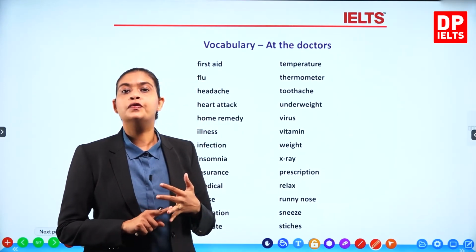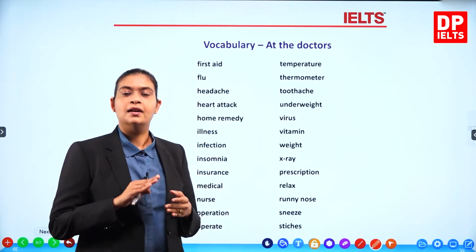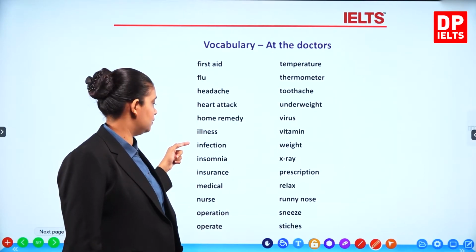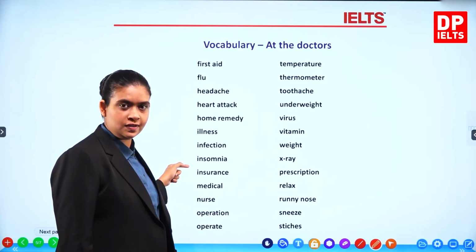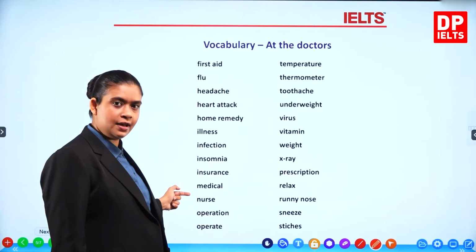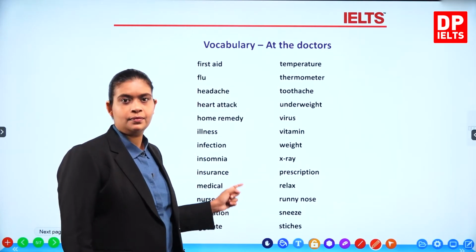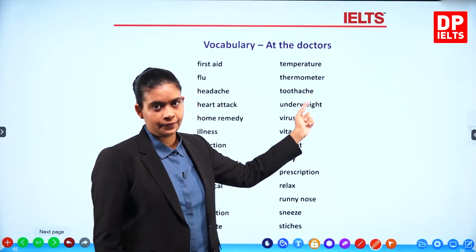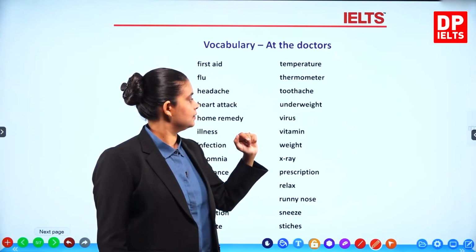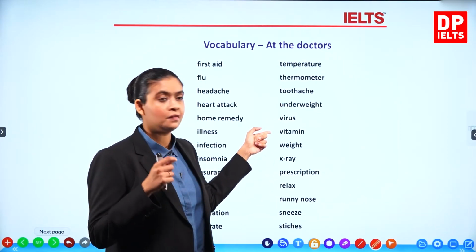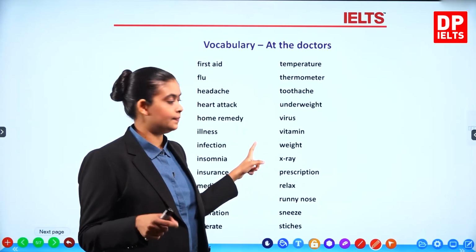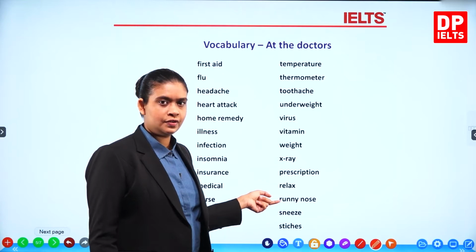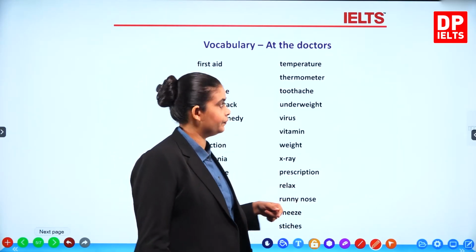First aid, flu, headache, heart attack, home remedy, illness, infection, insomnia, insurance, medical, nurse, operation, operate, temperature, thermometer, toothache, underweight, virus, vitamin, weight, x-ray, prescription, relax, runny nose, sneeze, stitches. Right.